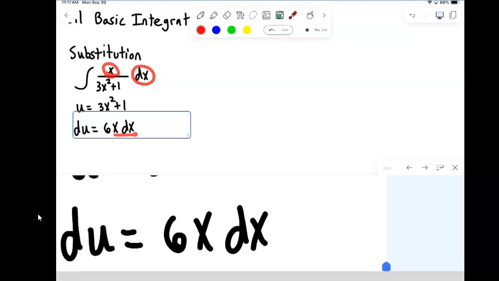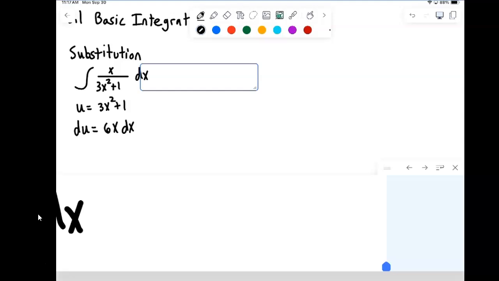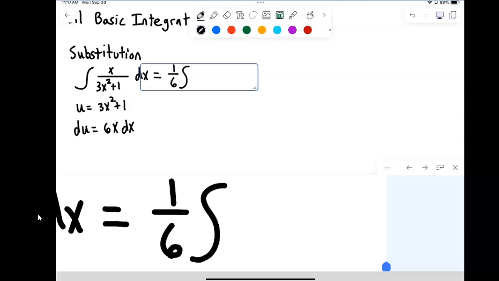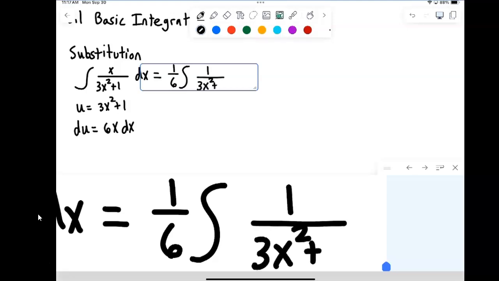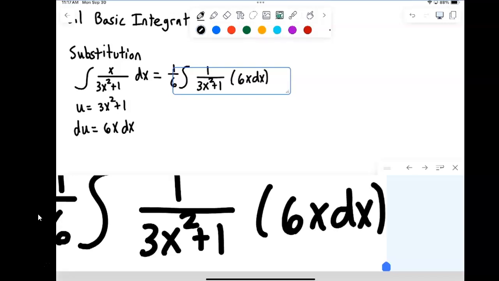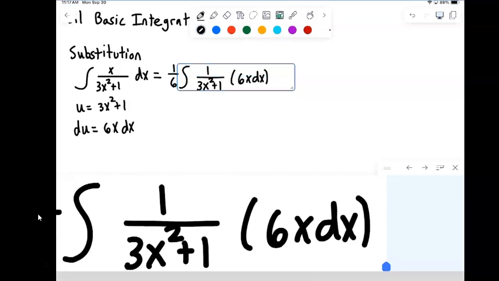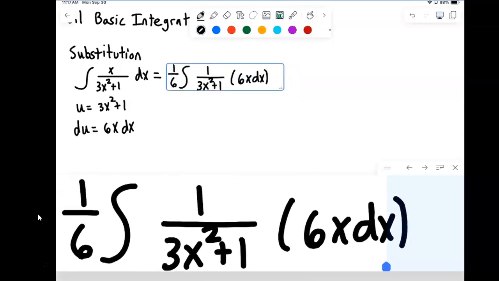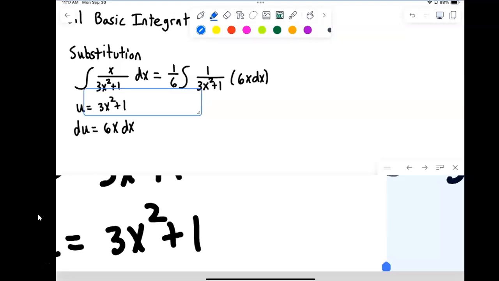The thing we're missing here is the 6. But that's easy to account for because we can divide by 6 on the outside, and then multiply by 6 on the inside. So that now we have everything we need to carry the substitution process through.